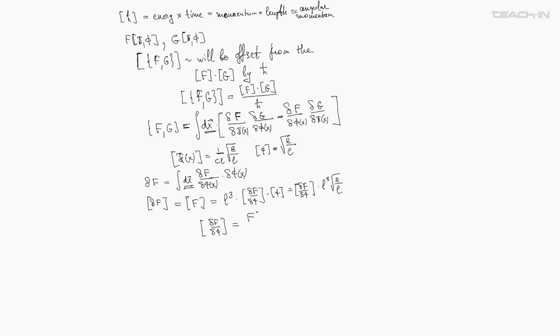So this is L cubed, and then L to the minus 1/2, so length to the power 5 over 2, multiplied by the square root of energy. So this would be the dimension of this object. And so now we can compute the dimension of the Poisson bracket of f and g. We see that according to this definition, we get L cubed from the integration.